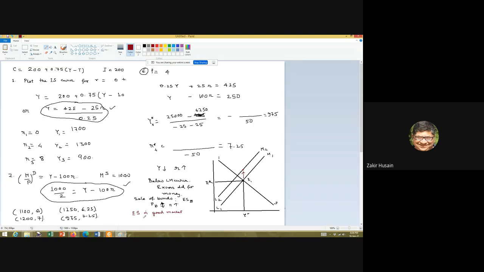So if you have excess supply, we are going to reduce investment, and R is also going up, so investment is going to come down, and income will fall. So there's a tendency like this and like this.